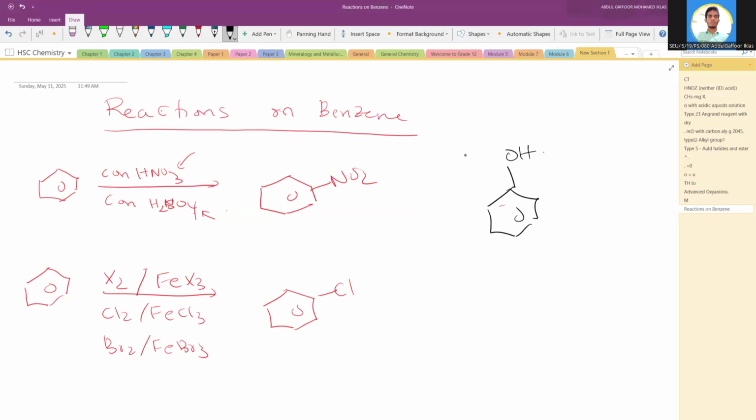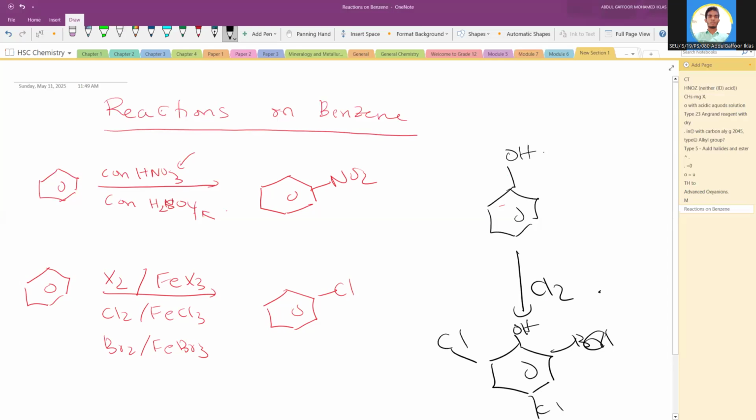OH will push a lot of negative charge toward the benzene ring, so the ring is highly negative. Once an electrophile arrives, it will quickly join with the benzene. So if you put Cl2 alone, it will produce the substituted product, because the electronic repulsion is very high here.